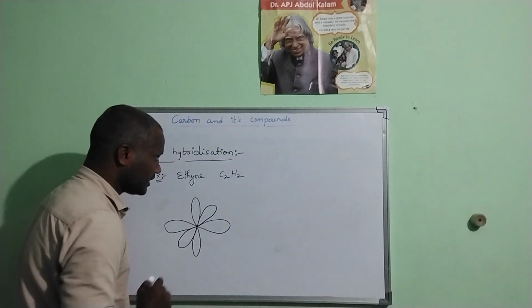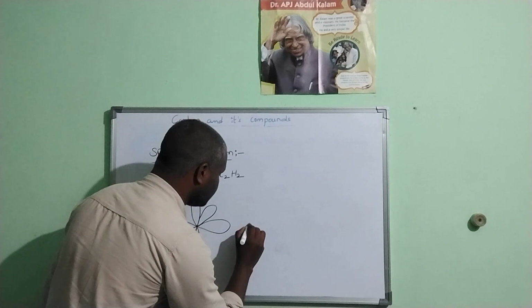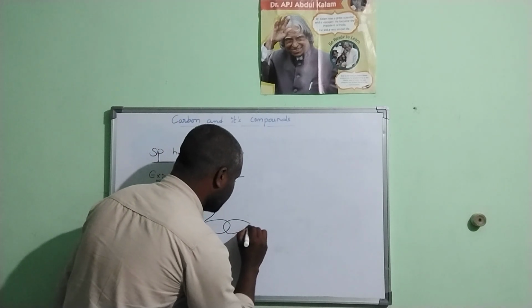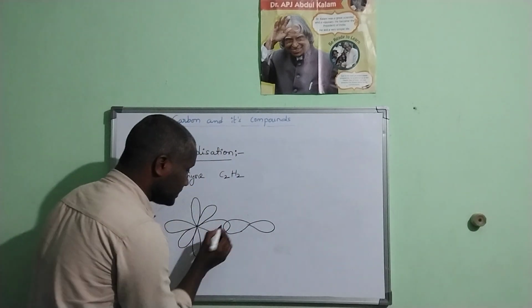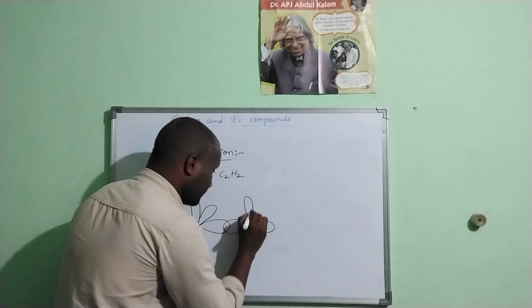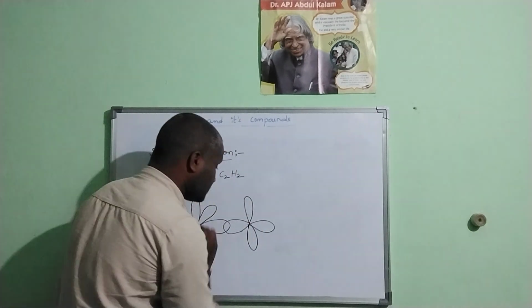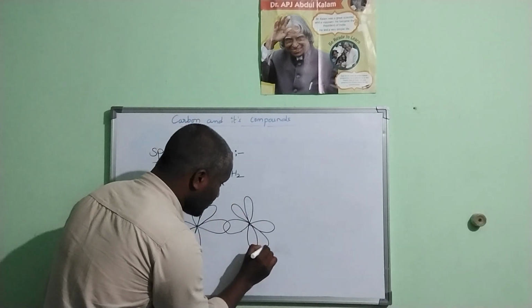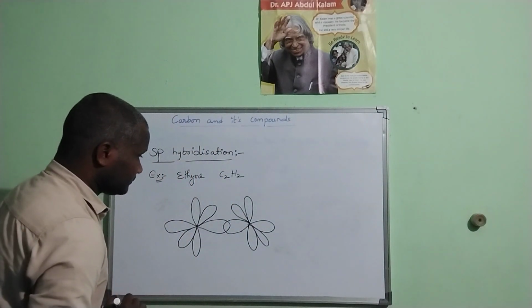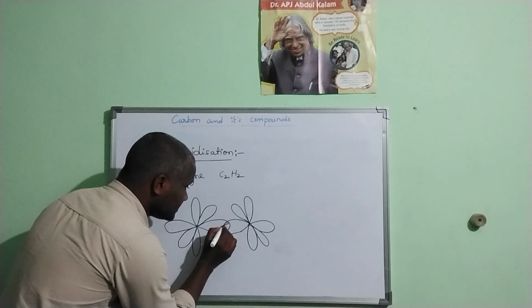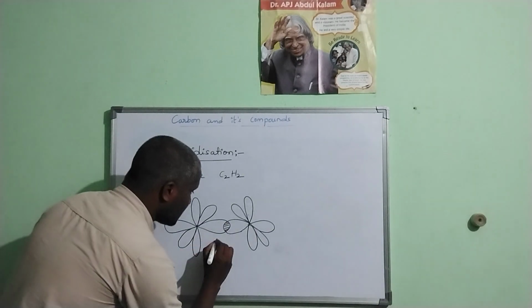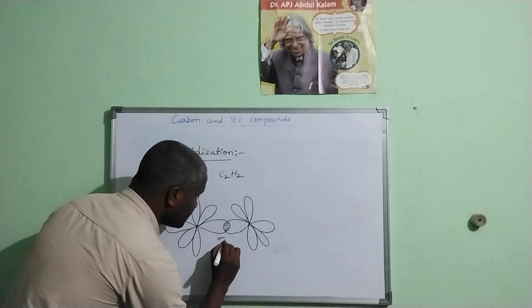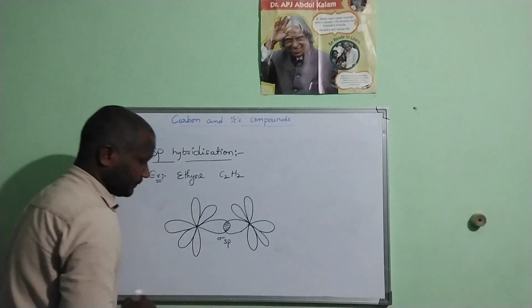This is the first carbon atom, one more carbon atom we have. So we can represent that carbon atom like this. Here end to end overlap takes place and partial overlap also takes place. So here this is a sigma bond formed by sigma sp-sp overlap.